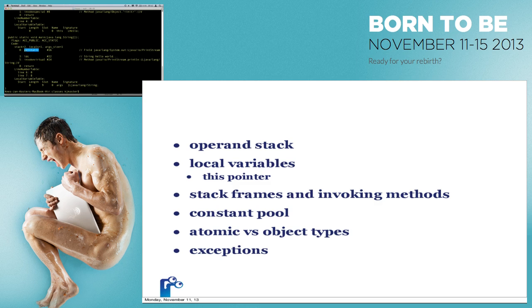All right, let's go through this code. Bytecode looks a lot like assembler if you're used to using assembler. It's essentially a mnemonic, an instruction if you will, with an argument or two or three arguments. That's all there is to it, and then there's a lot of that. Getstatic, so we get something static.